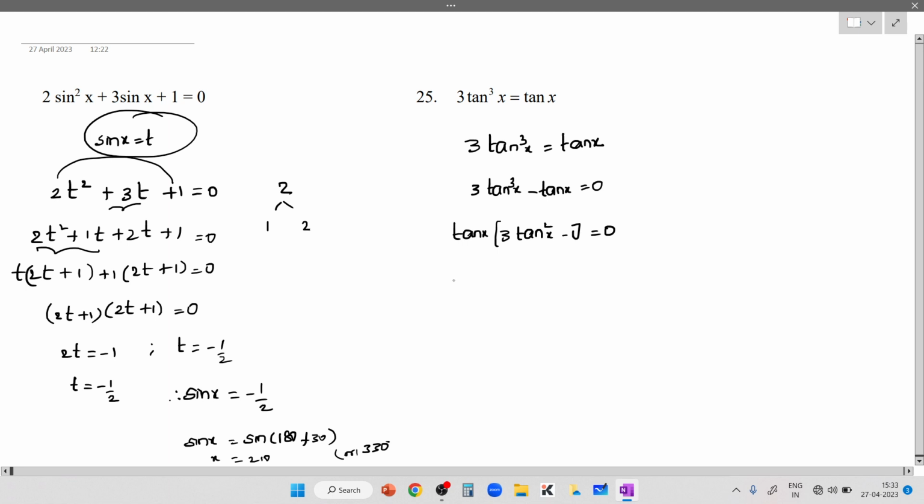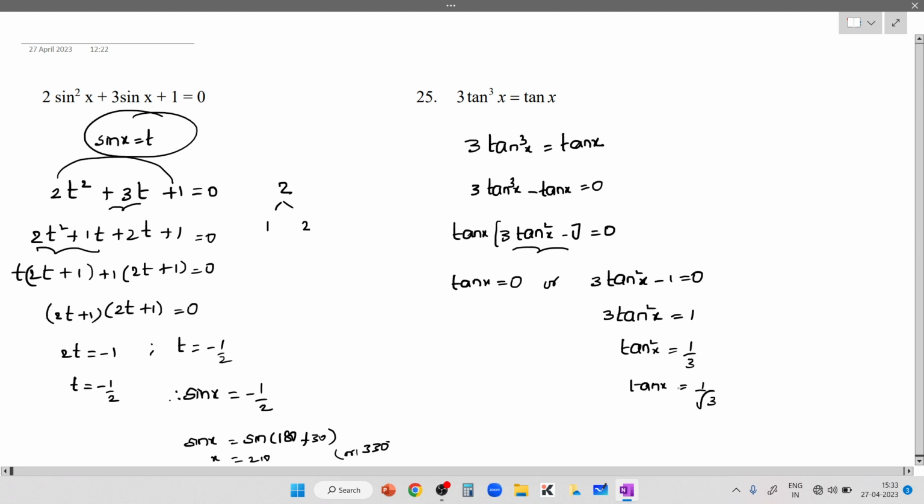That means either tan x should be equal to 0, or this entire 3 tan square x minus 1 is equal to 0. That means 3 tan square x is equal to 1. Tan square x is equal to 1 by 3. Tan x is equal to plus or minus 1 by root 3.